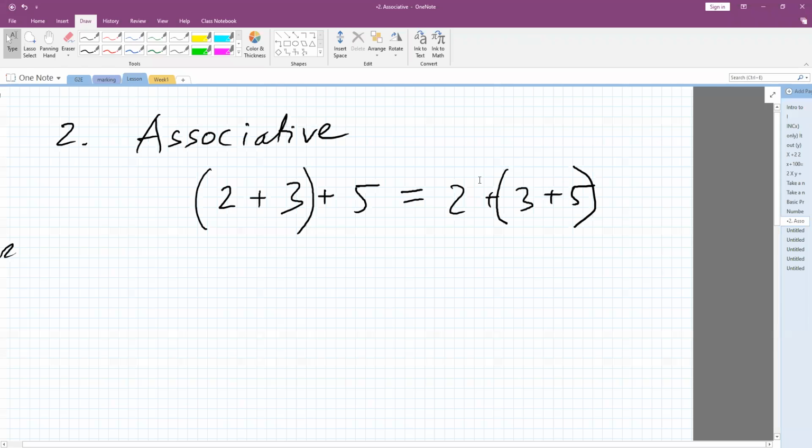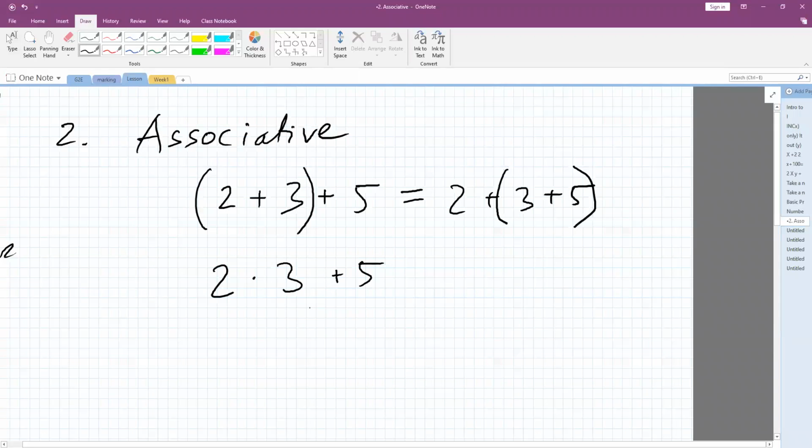Now look at this. When you have, for example, 2 times 3, and then you have plus 5. In an expression like this, there are 2 things: you have multiplication and you have addition.